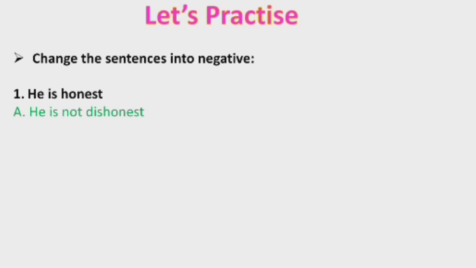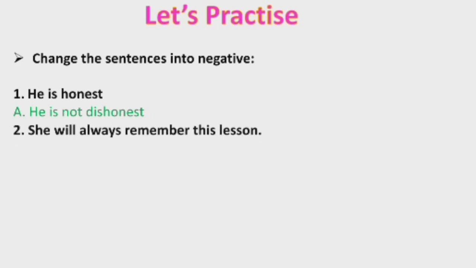Second sentence, she will always remember this lesson. Once again you have to find the word which you have to replace with the opposite word, or you have to use the negative words. Here we can find two words, always and remember, which we can replace to make it negative.